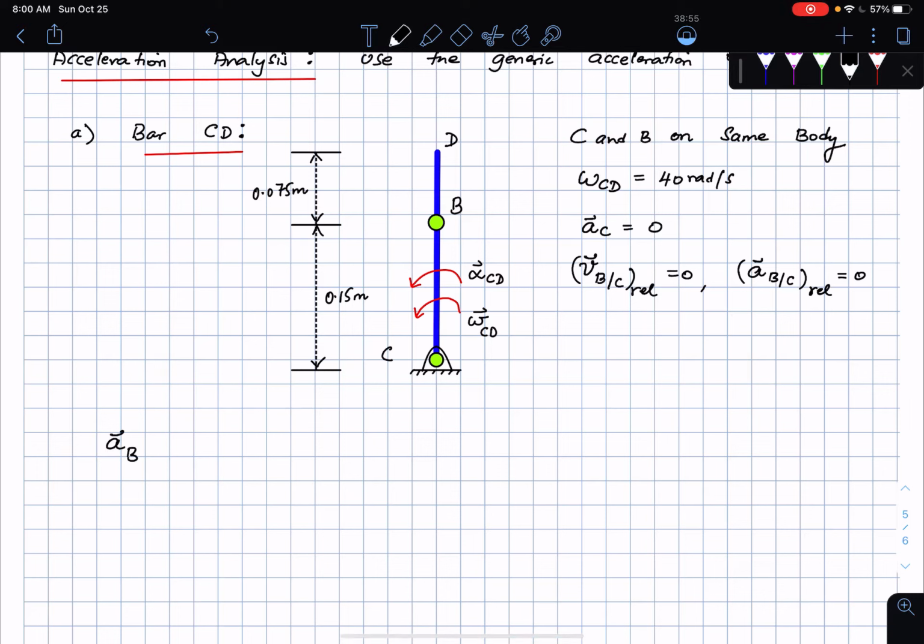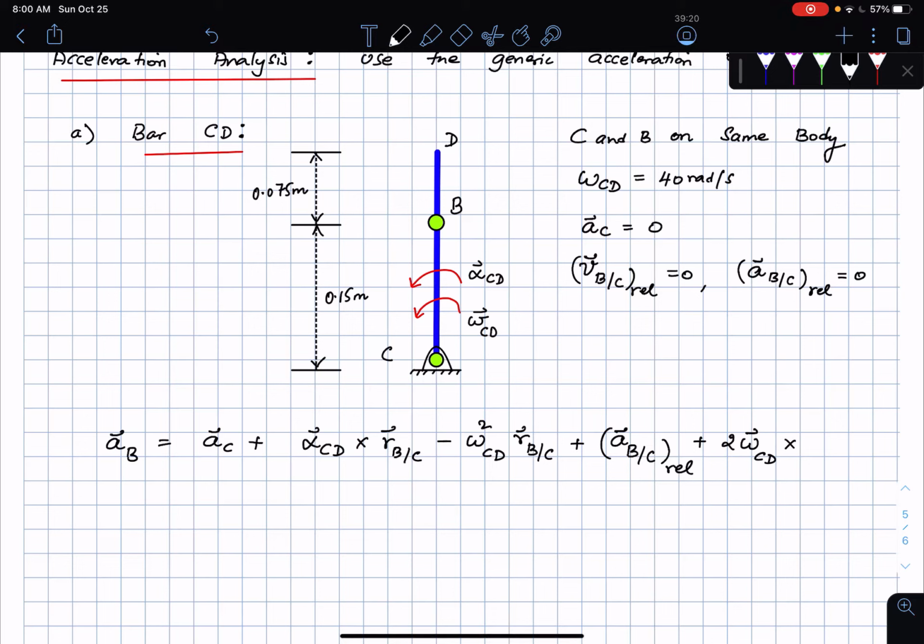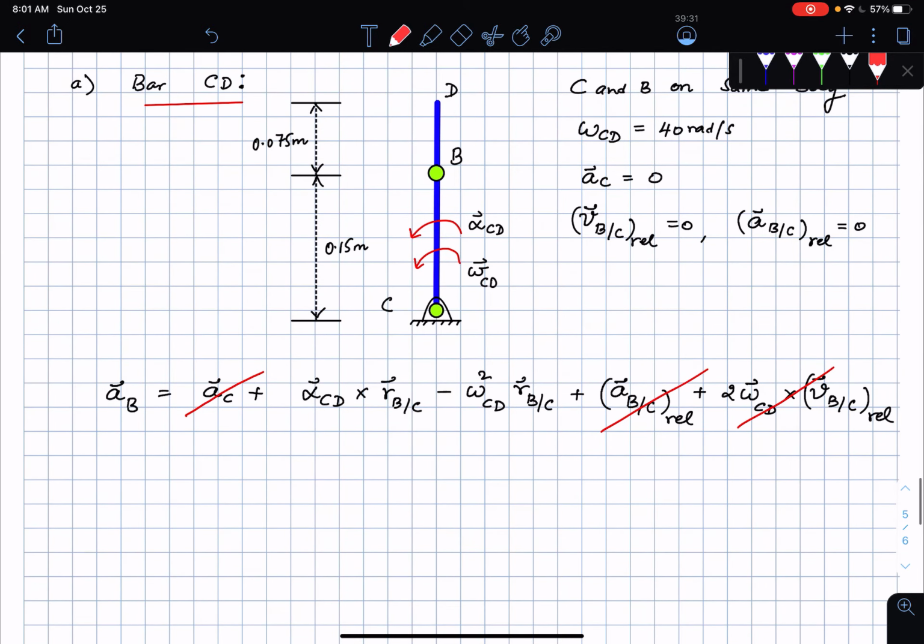Acceleration of B is acceleration of C plus alpha CD crossed with r B/C, minus omega square CD, the scalar, times r B/C, plus a B/C relative, which will be gone, plus 2 omega CD cross v B/C relative. I'm going to get rid of many quantities. A C is gone, then this is gone, then this is gone.